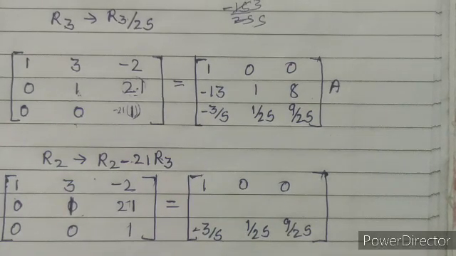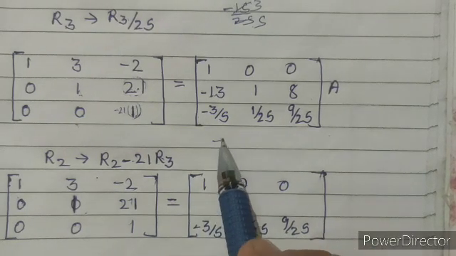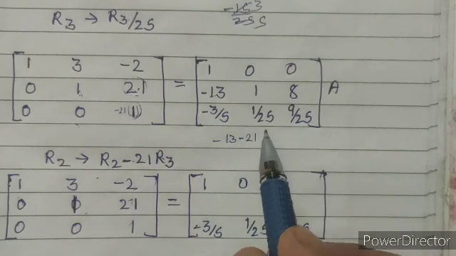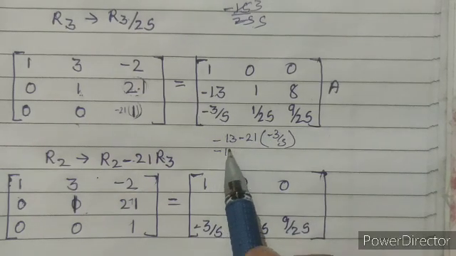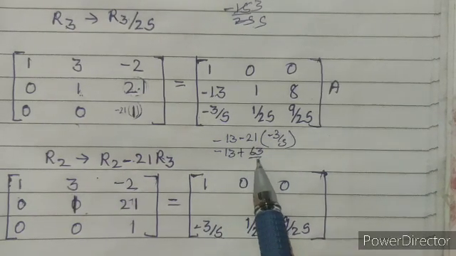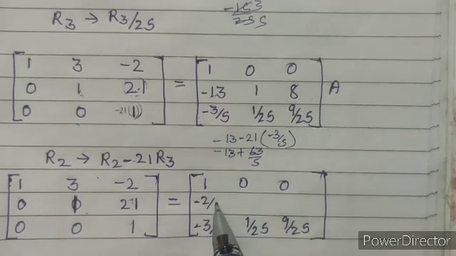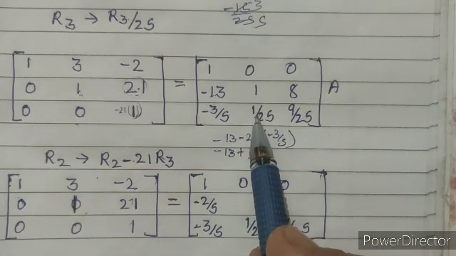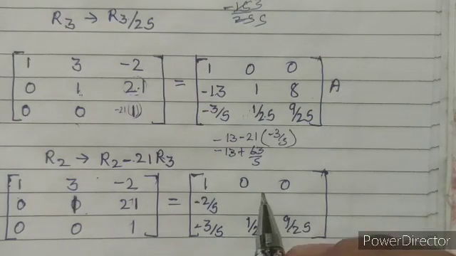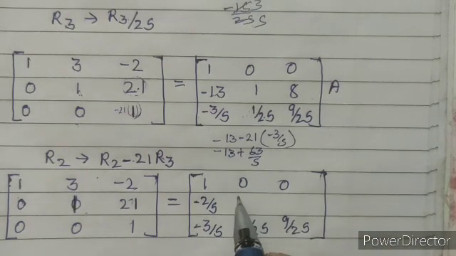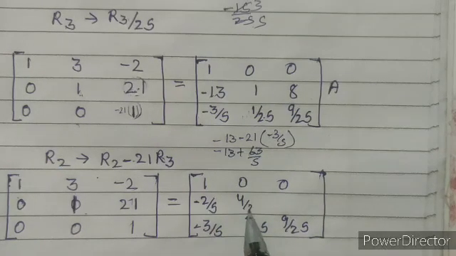Now on the right hand side, minus 13 minus 21 into minus 3 by 5. Now this will be minus 13 plus 63 by 5, and this will give us minus 2 by 5. 1 minus 21 into 1 by 25 will be 1 minus 21 by 25, and that will be equal to 4 by 25.